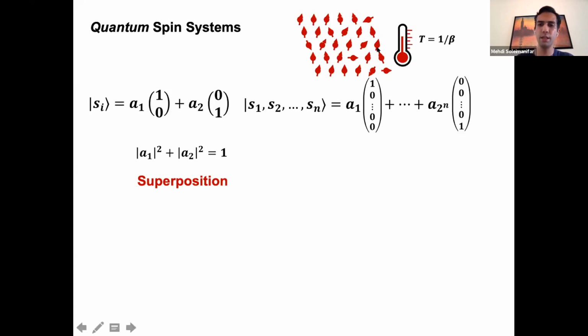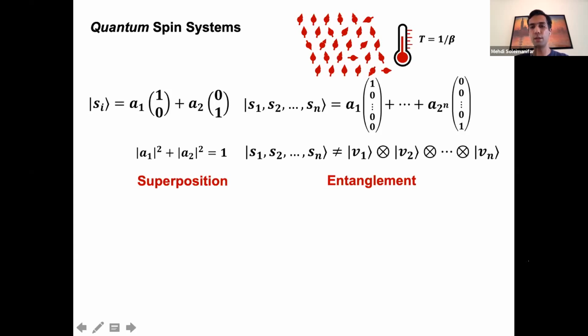And then similarly, the state of all spins is not one of the basis vectors among the 2 to the n possible vectors. It's any linear combination of them. And in particular, there are vectors in this linear combination that cannot be written as a tensor product of 2-dimensional vectors. And this is called entanglement.